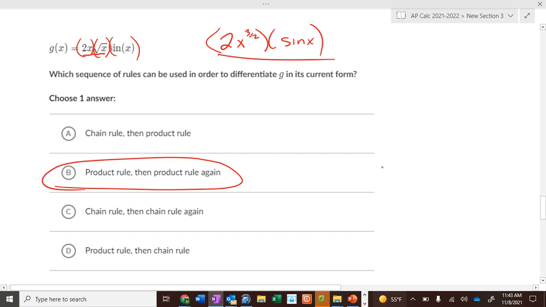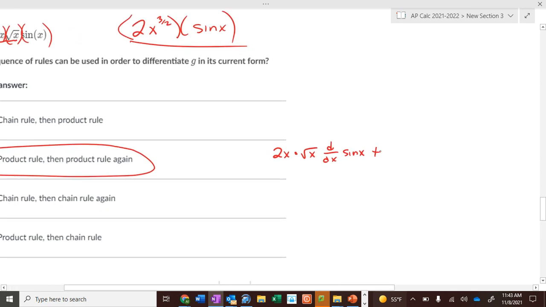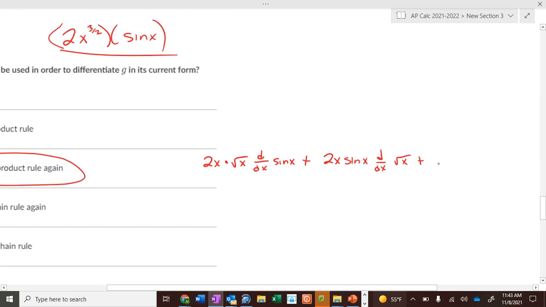Why is it the product rule again? Well, then you take 2x times the square root of x times the first derivative of the sine of x, plus 2x times the sine of x times the first derivative of the square root of x, plus the square root of x sine of x times the first derivative of 2x.